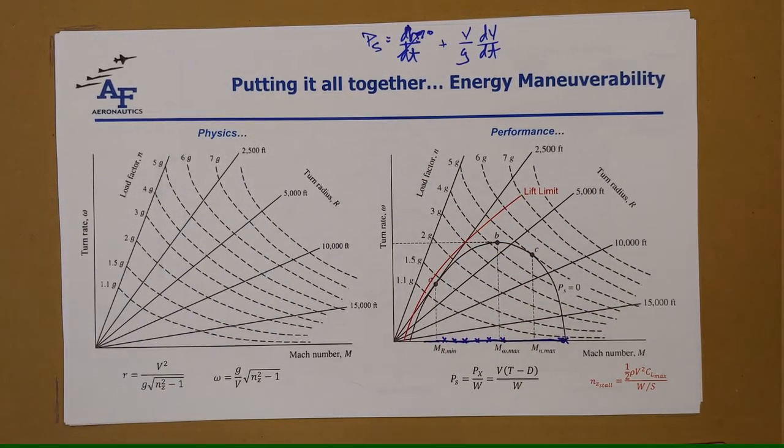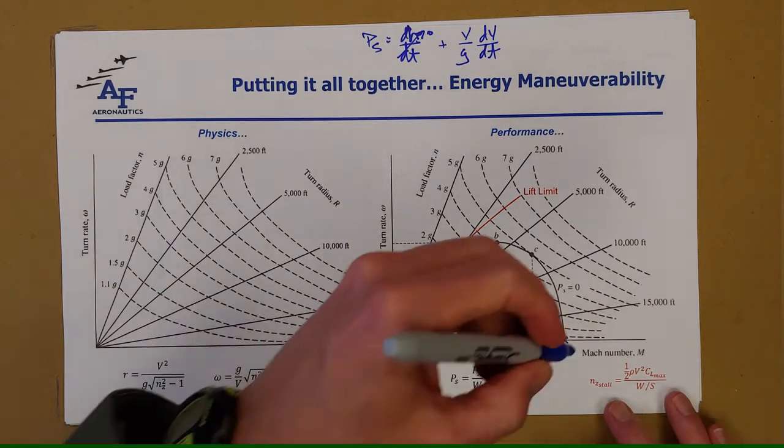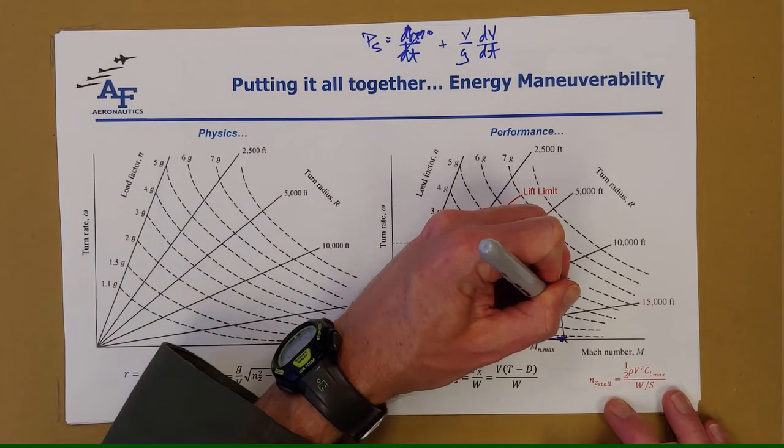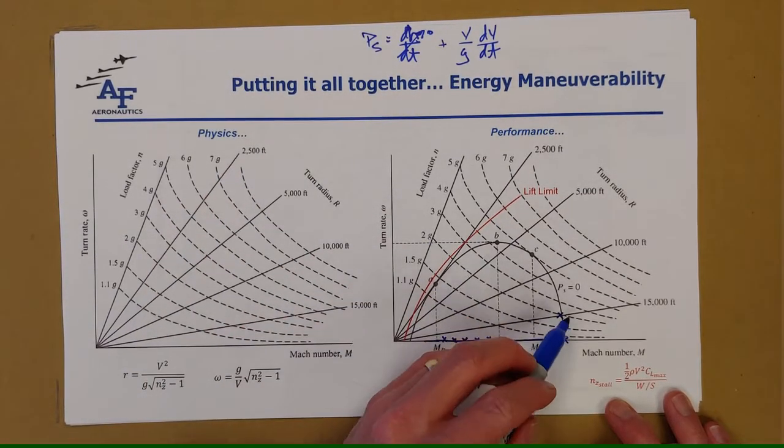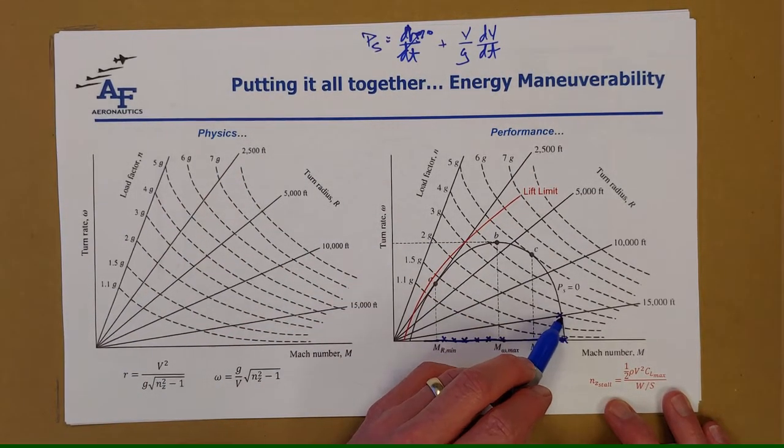My PS equals 0. There's another flight test technique where we can either do it via level turns, sustained turns, or wind down turns, where you stabilize at an airspeed and at a certain G, so in this case 2 Gs, determine what my airspeed is in maximum AB.